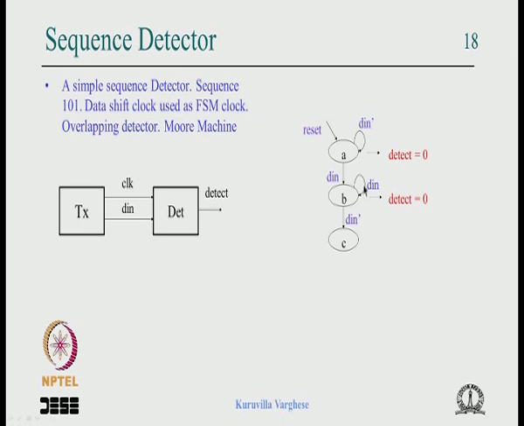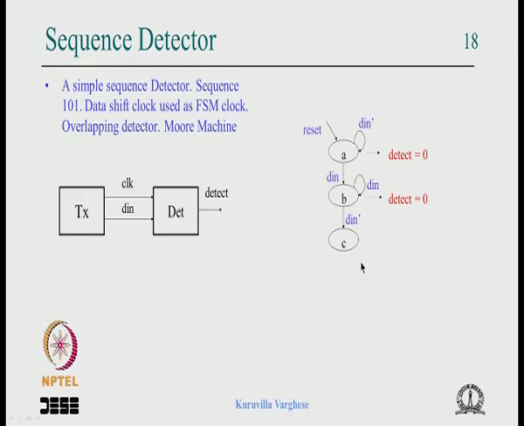So if further ones are coming remain there, detect is 0. If D in is 0, go to the next state, that means we got 1 and 0. Now if 1 comes, we go to state D and we can say detect is 1.